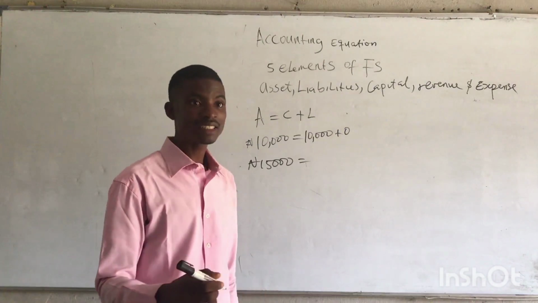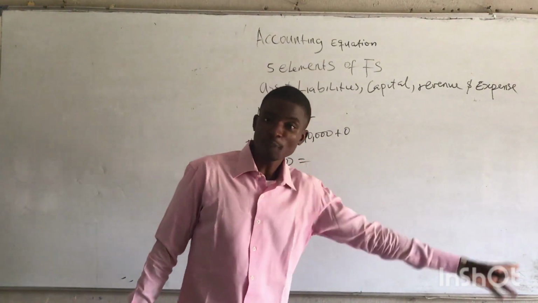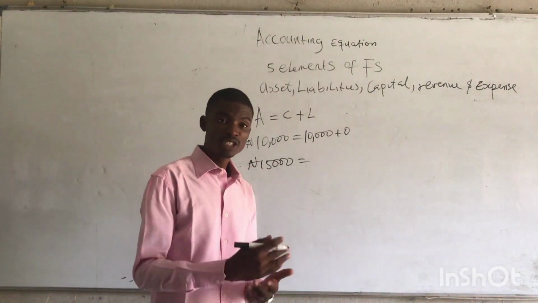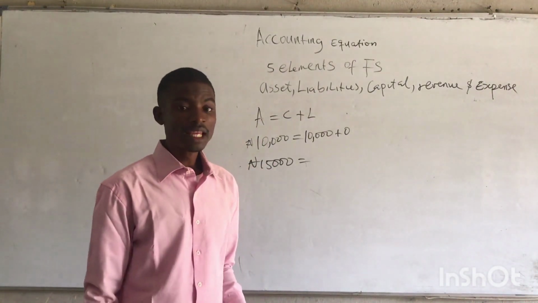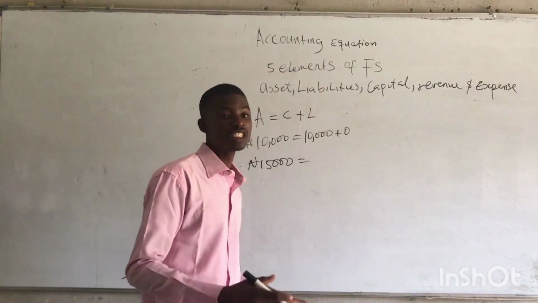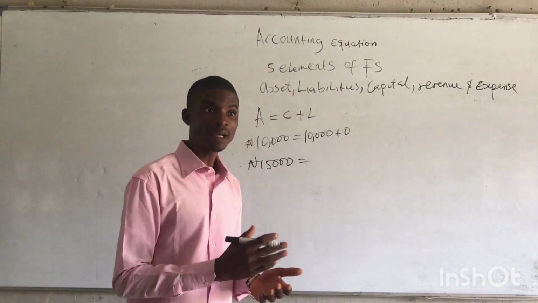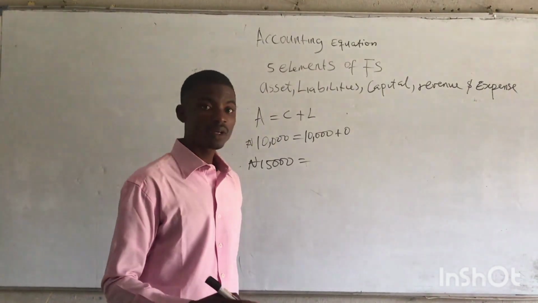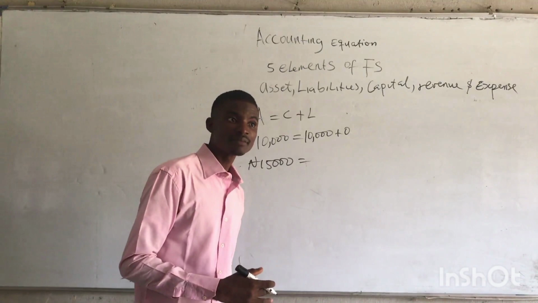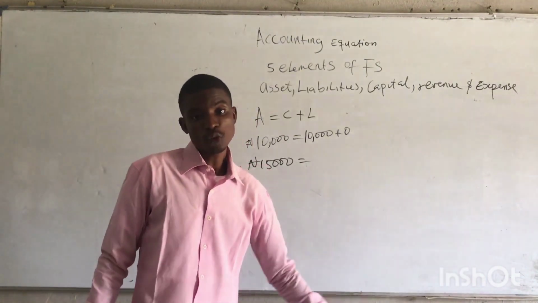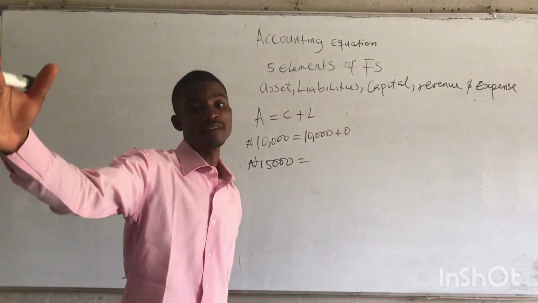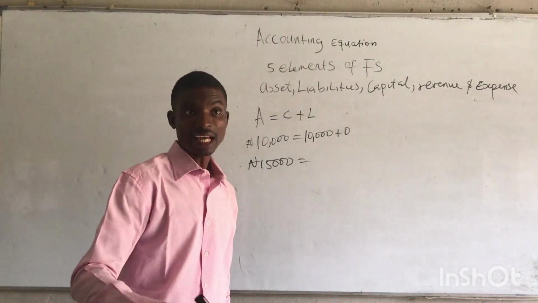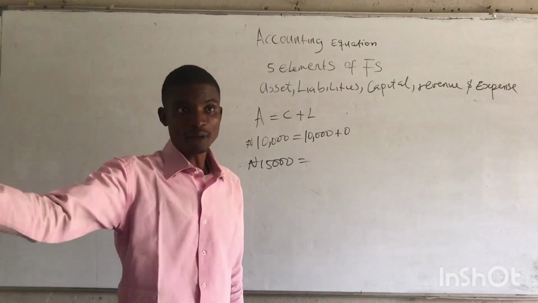If you went to your supplier to obtain the goods you'll be using in starting the business, and your supplier tells you that the value of the goods is 15,000 naira, whereas the cash at hand is 10,000 naira, then for the remaining 5,000 naira, you're going to negotiate with your supplier to allow you to pay on a future date. So that 5,000 naira that you're going to pay on a later date becomes the liability.